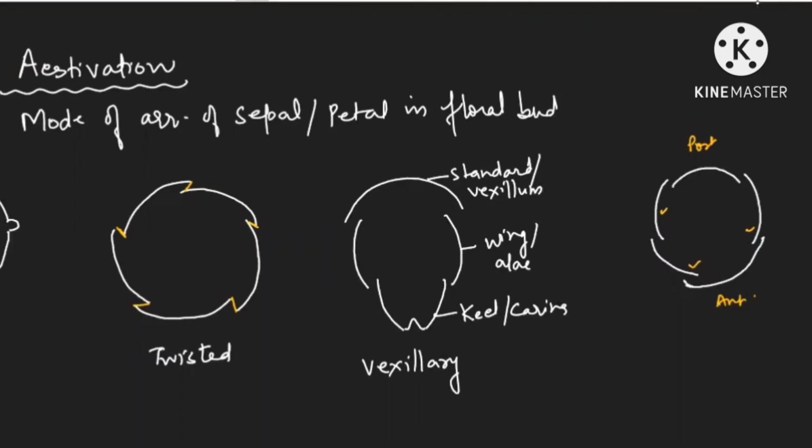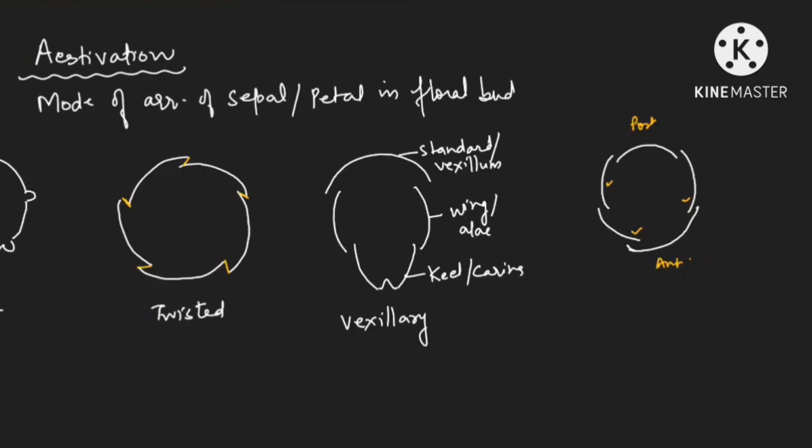This type of estivation is known as imbricate estivation. Is it clear? It is also known as ascending imbricate.